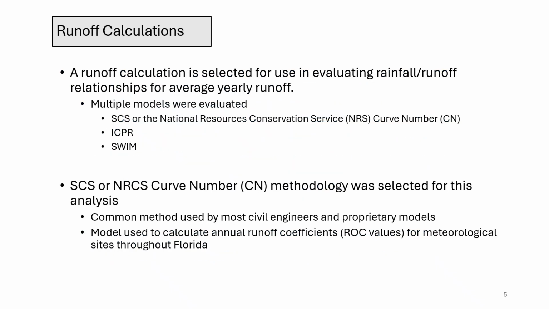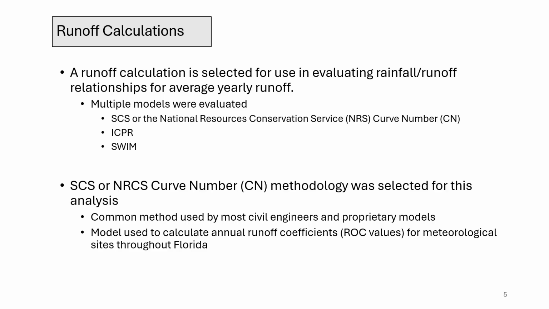When we're evaluating the relationship between rainfall and the resulting average yearly runoff, a specific runoff calculation method needs to be selected. For this analysis, multiple models were considered. These included the SCS, or National Resources Conservation Service, curve number method, ICPR, and SWIM.